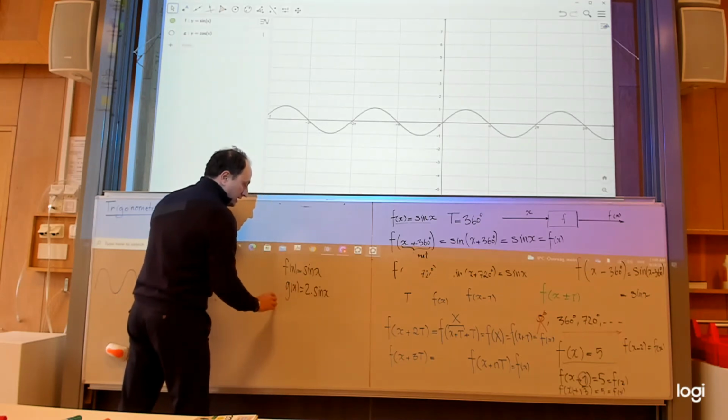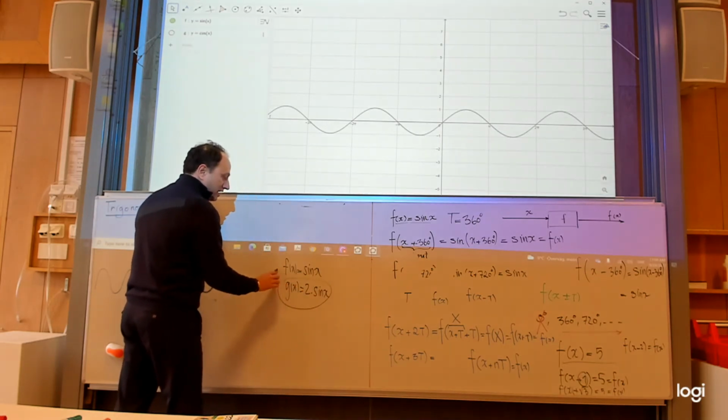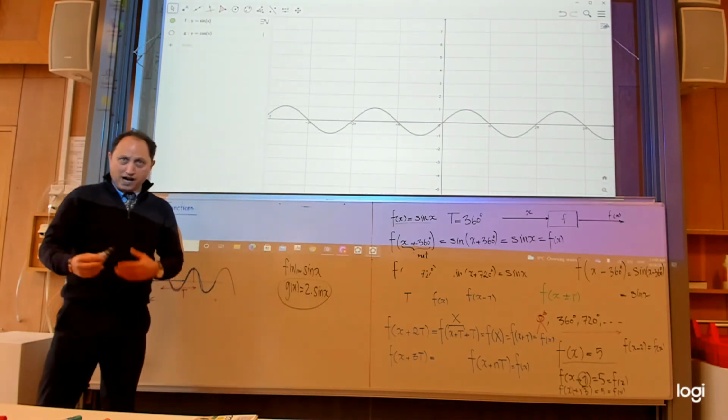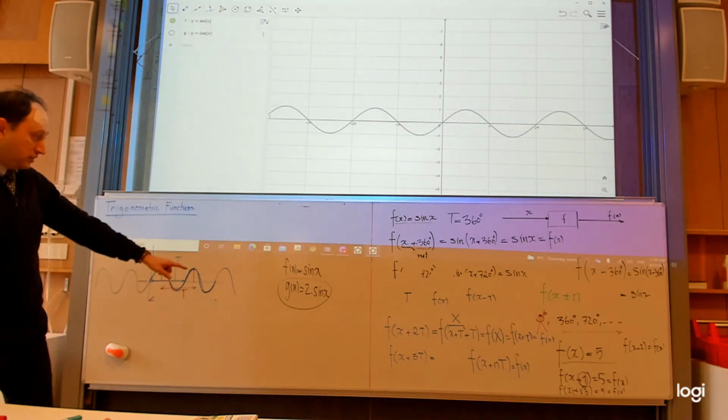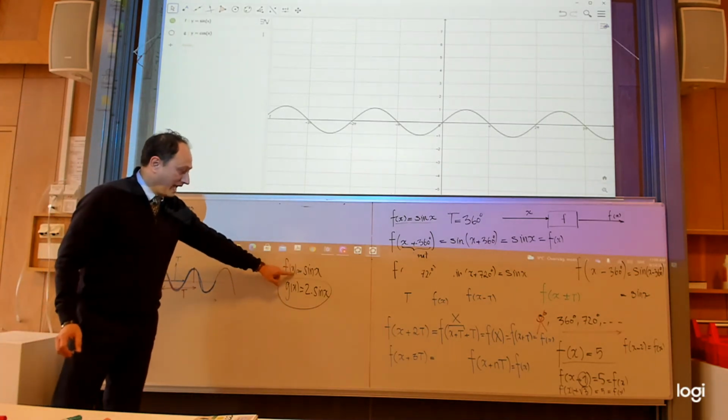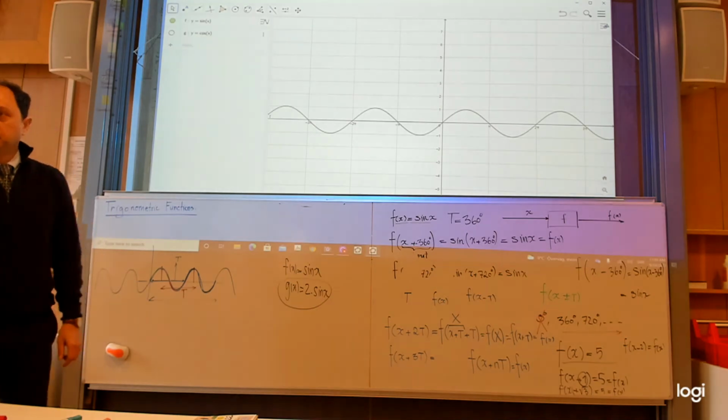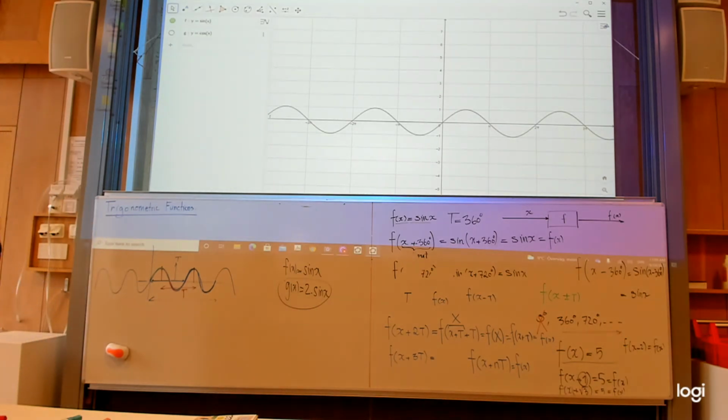Do you think the graph of this would be very different from this? Or how can you understand the graph of this by having the graph of this? I want to test your understanding. That is also one part of the lesson, but next time I will make it more formal. So what will happen, do you think, if I put a 2 in front of sine x?